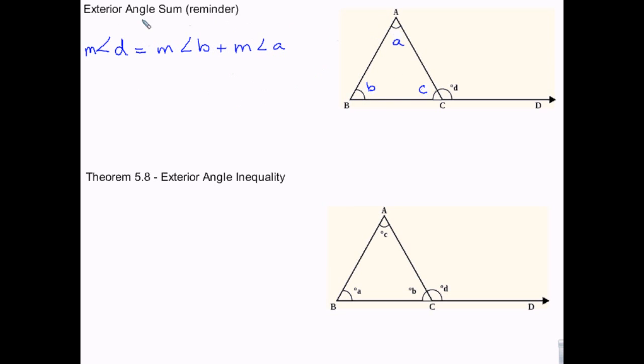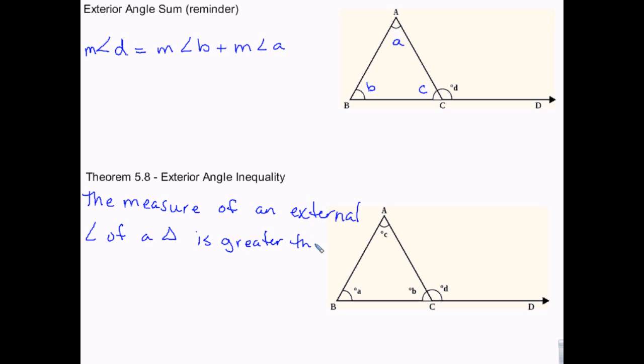Now this property gives us this theorem, which tells us this. That's the word either, but it looks terrible, so I'm going to rewrite it.